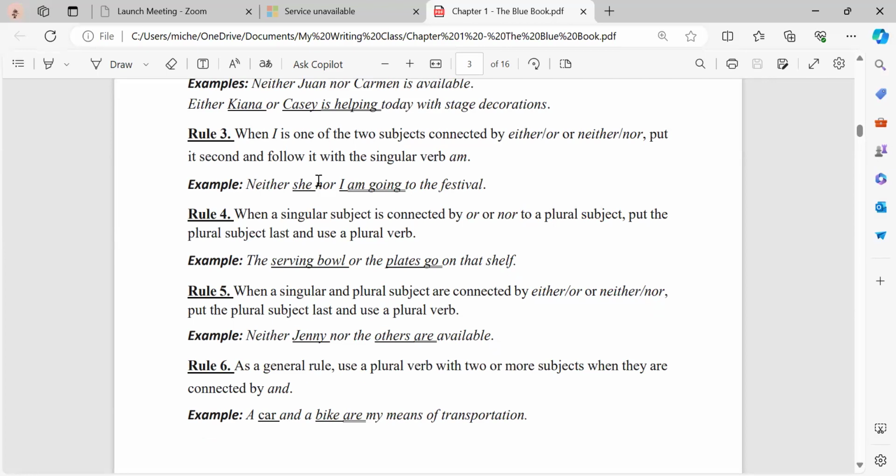So rule number 4: when a singular subject is connected by or or nor to a plural subject, put the plural subject last and use a plural verb.